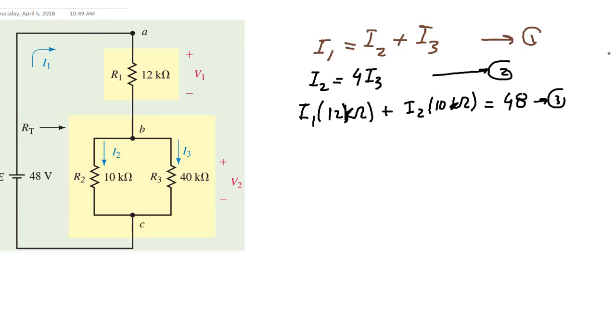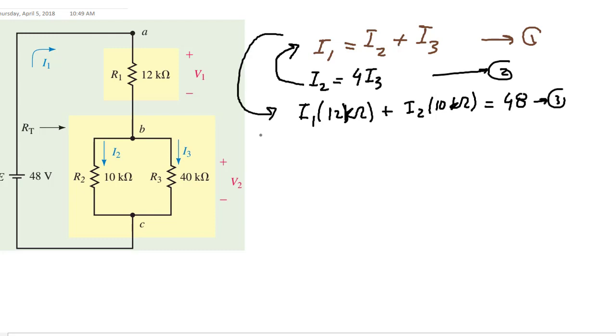For this one, it is much easier to substitute actually. Just take equation number 2, substitute it in equation number 1, and the result to be substituted in equation number 3, and we end up with one of the currents. Then we find the other one, and so on. So let's try to do that.